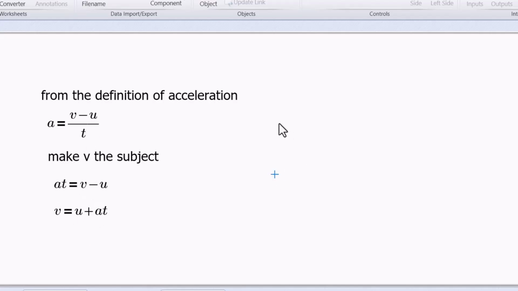Okay, now let's go to the second equation of motion. If you want to get the second equation of motion, you need average velocity. So how did we define average velocity?